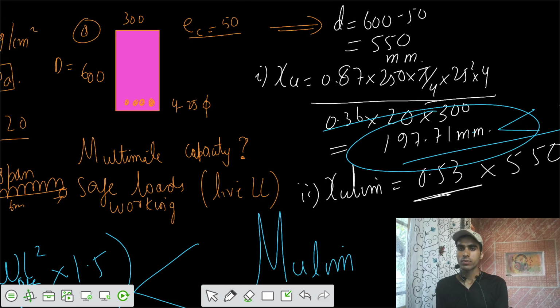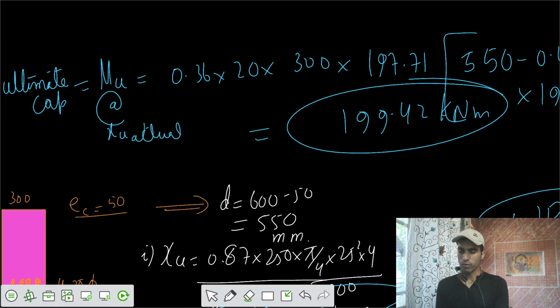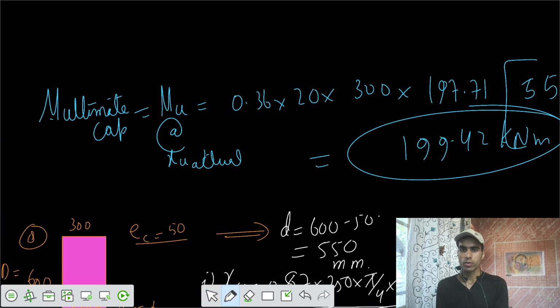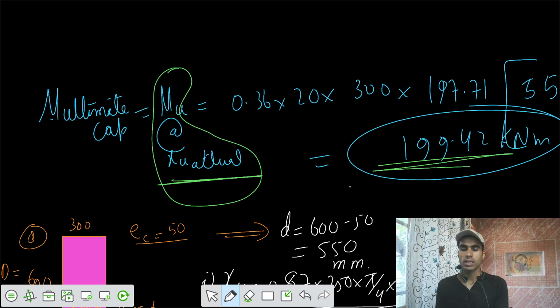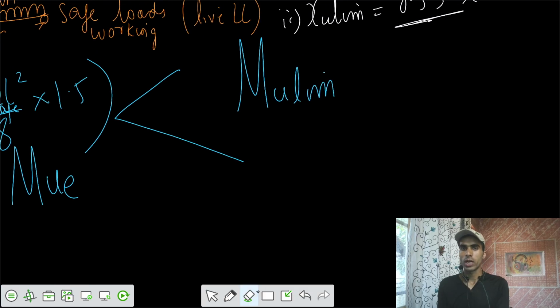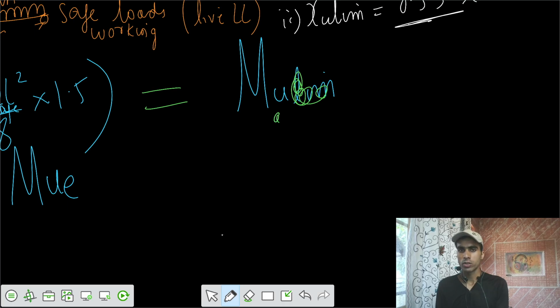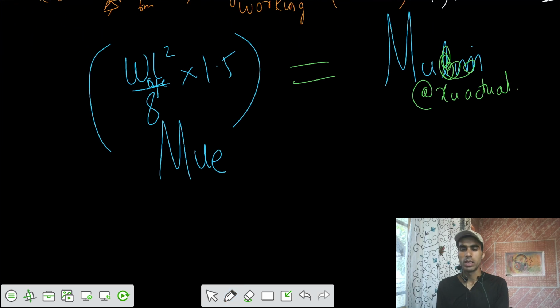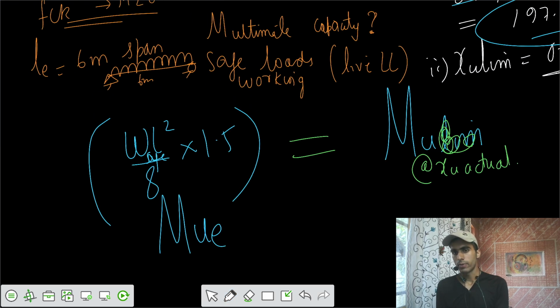In this case we are not talking about the limiting moment of resistance, but the actual condition, because our section is under-reinforced. So we don't write Mu limiting here. We can equate directly, because we know the value of Mu corresponding to Xu actual, and substitute directly.